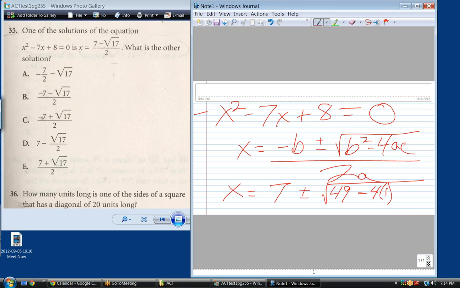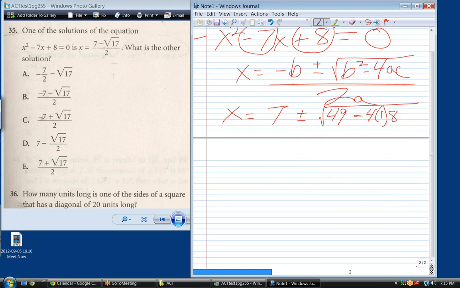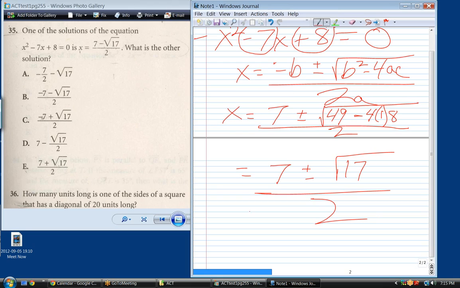B is this term, and C is this term, so 8. And it's all divided by 2a, which is 2. So now we have 7 plus or minus the square root of 49 minus 32, which is 17, over 2.